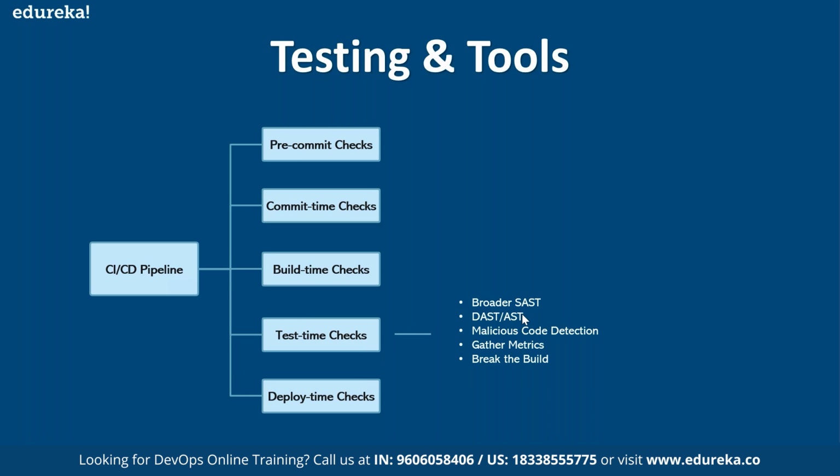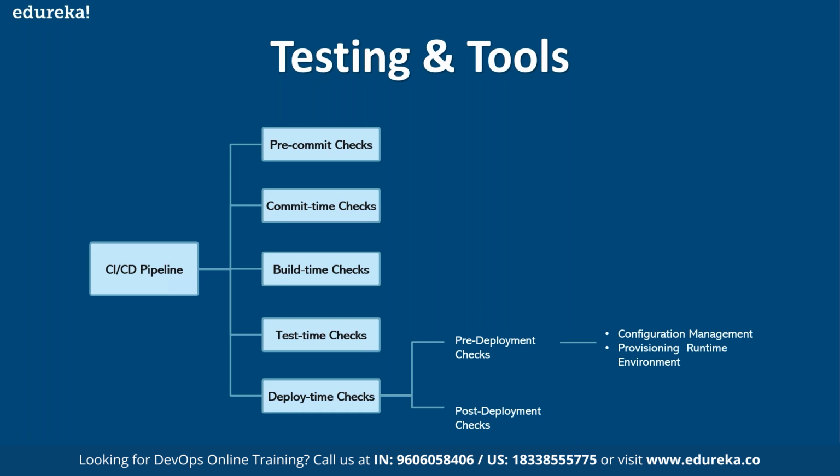Then you will have your deployment checks: pre-deployment checks and post-deployment checks. In pre-deployment checks, you will have configuration management testing. Why is configuration management testing required? Let's say I'm picking a Chef hosted version of configuration management. Where is my Chef master hosted, on the cloud or on premises?